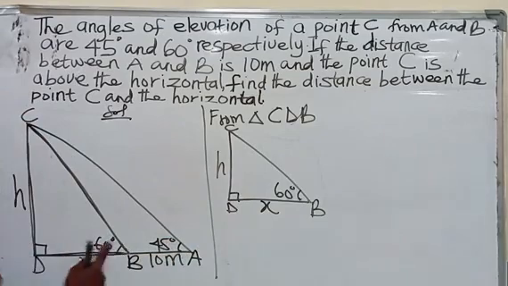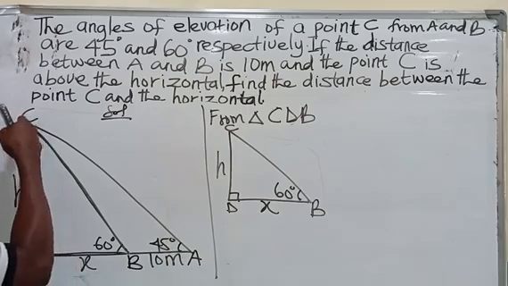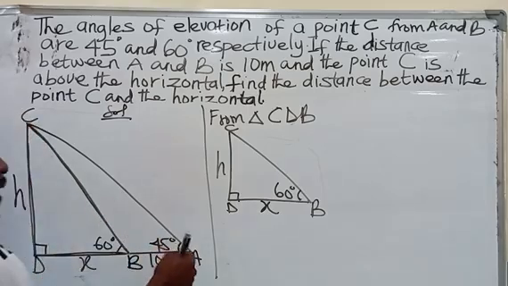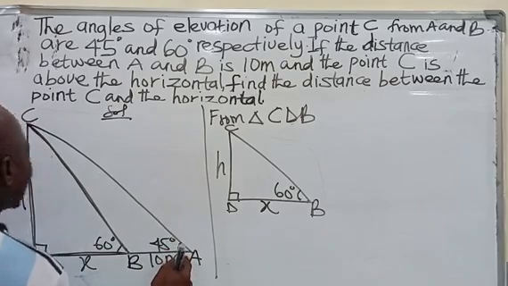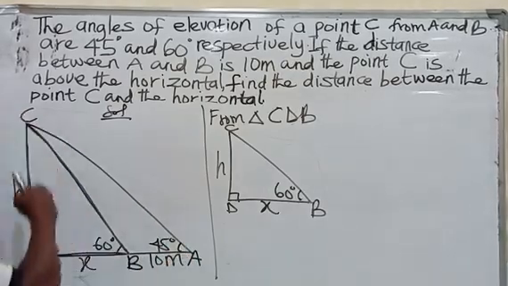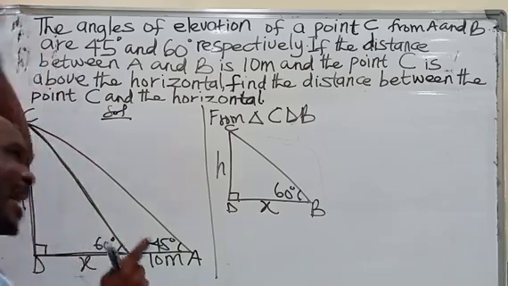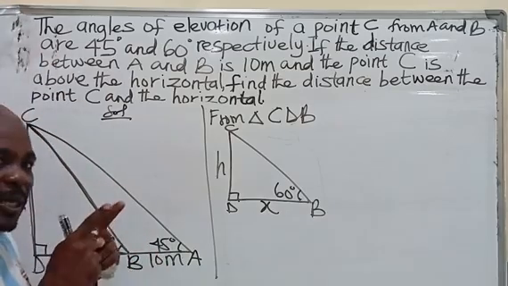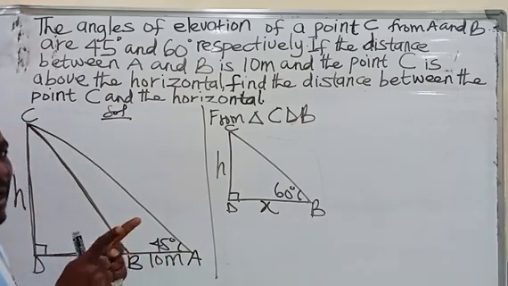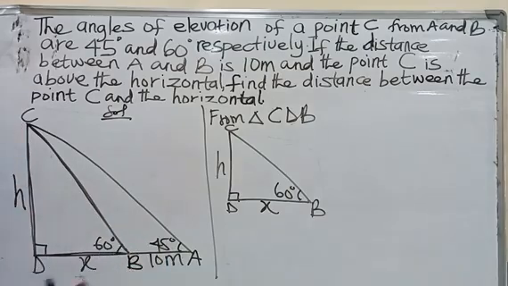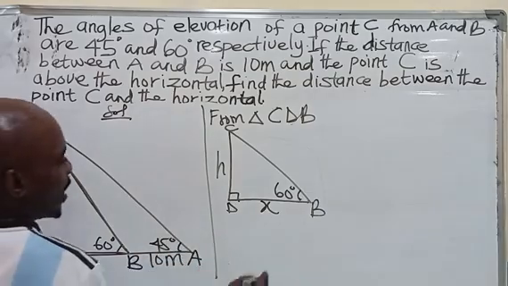So if I know the height at which B saw this object here, and then I know the height at which A also saw the object, since the height of the object is the same, I'll bring their two heights together, and then I can get the distance between these places. So now I'm looking for here.